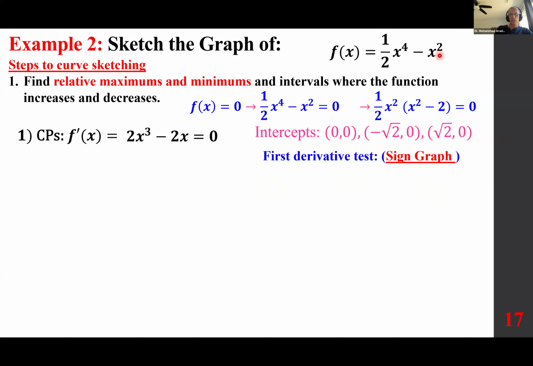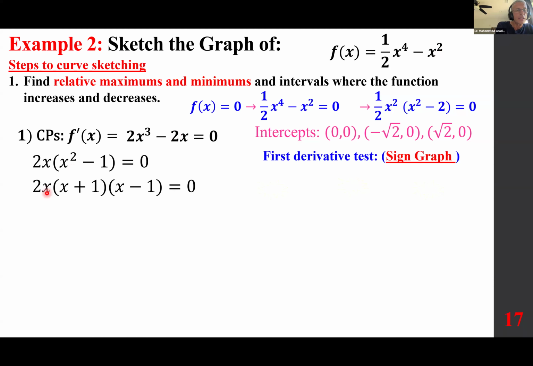We factor the 2x out. When we factor the 2x out, we get x squared minus 1, and x squared minus 1 is x plus 1, x minus 1. And now we have three answers: x is 0, x is negative 1, x is positive 1. So there are three critical points.